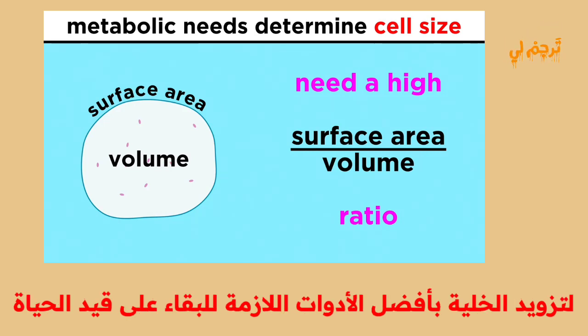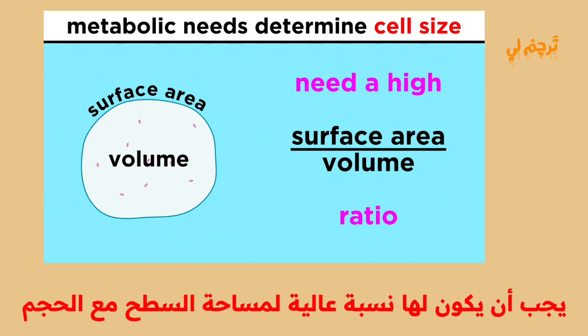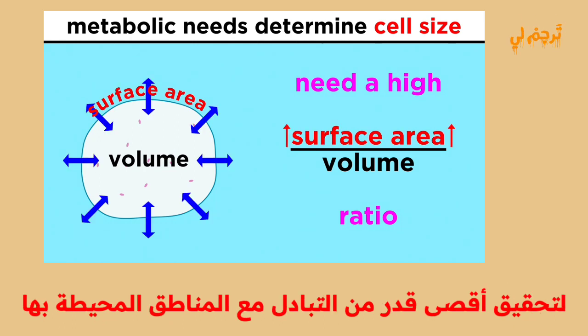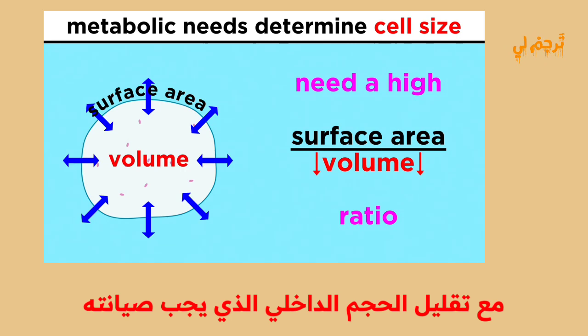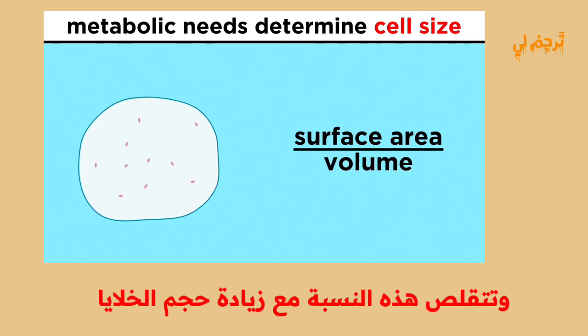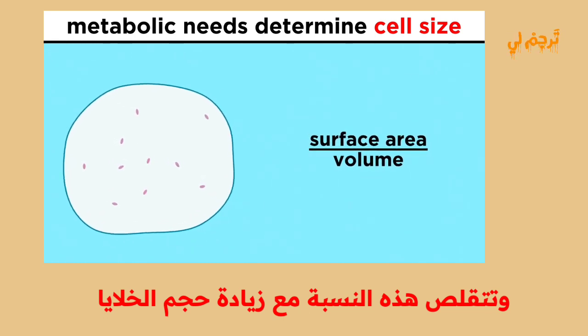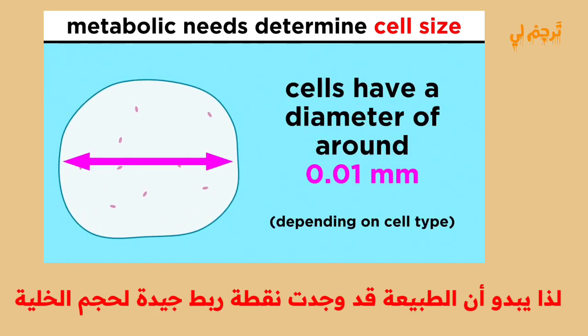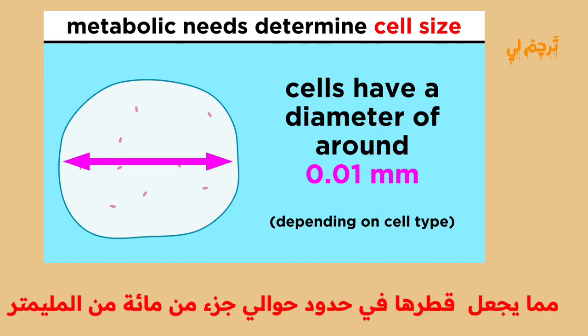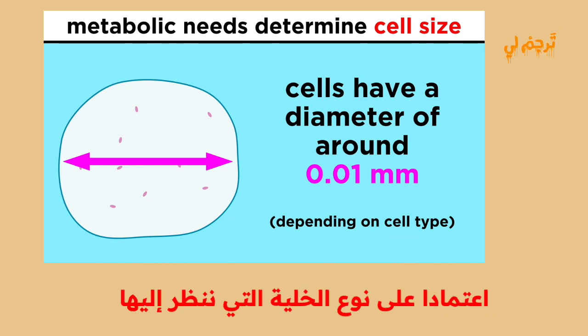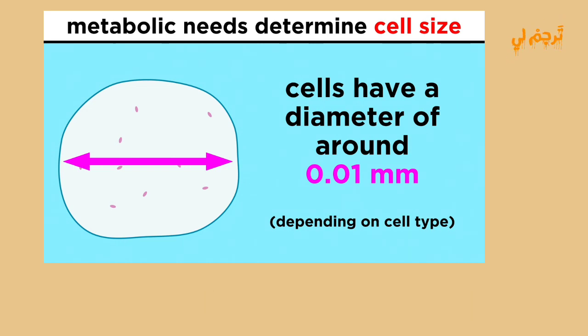To best supply the cell with the necessary tools for survival, it ought to have a high surface area to volume ratio to maximize exchange with the surroundings while minimizing the volume inside that has to be serviced. This ratio shrinks as cells get bigger, so nature seems to have found a good anchor point for cell size, making them somewhere around 1/100th of a millimeter in diameter, depending on the type of cell we are looking at.